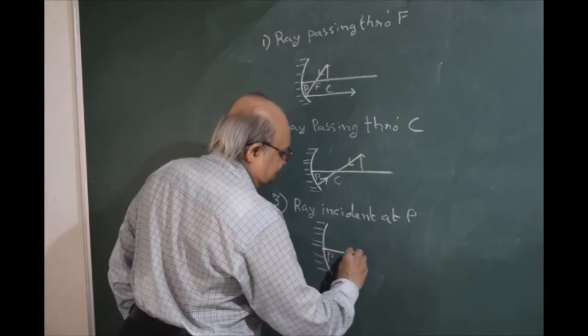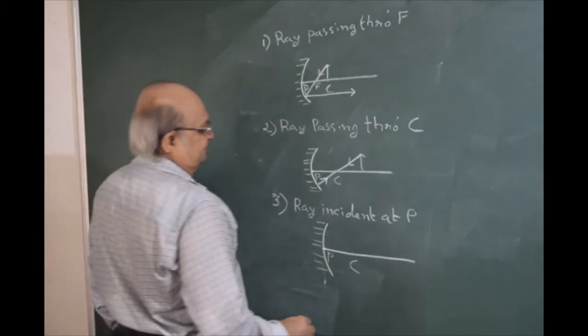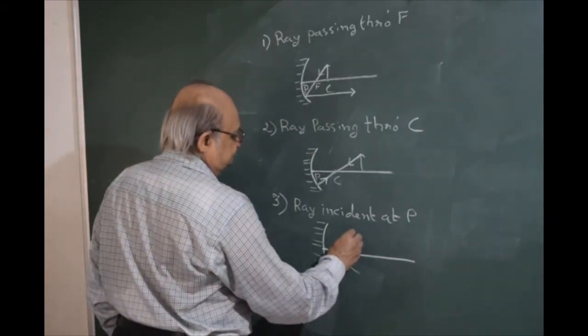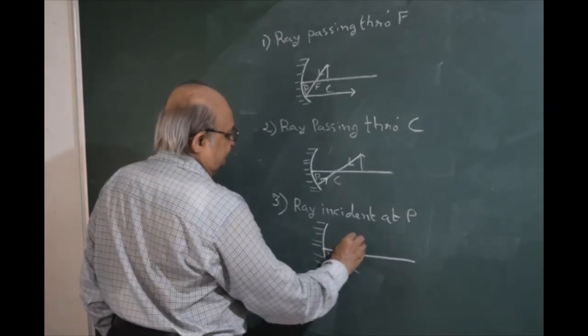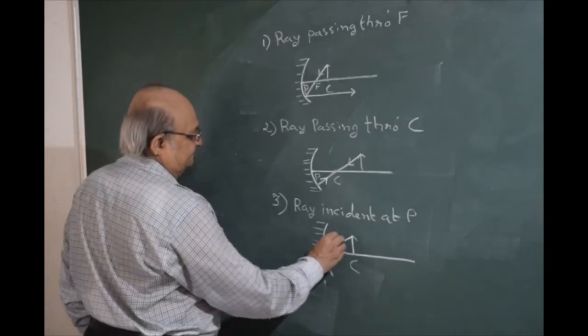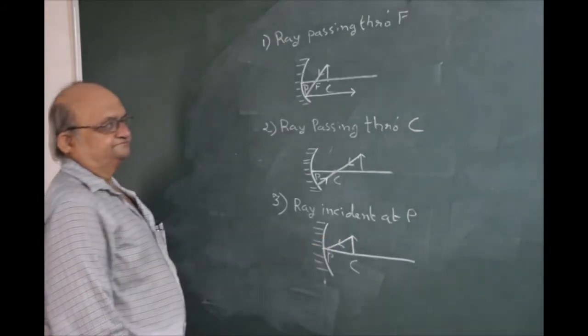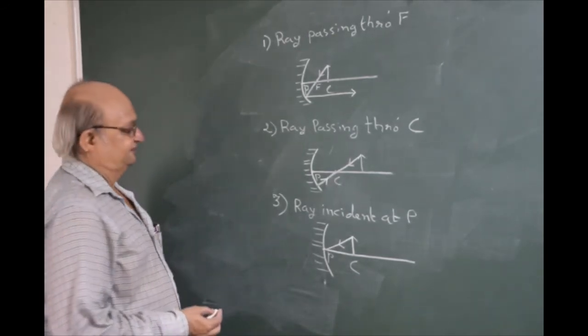The first compulsory ray, principal axis drawn, and now we will have, say, the object here, and we can have a ray incident at P. What will happen to this ray after reflection?